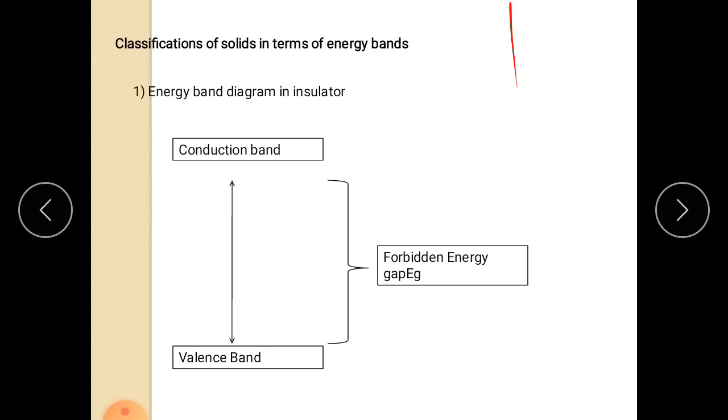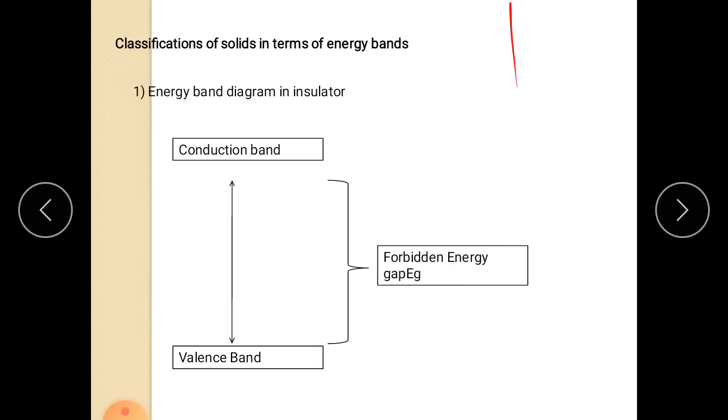In this diagram, the bottom level band is called the valence band, and the top level band is called the conduction band. The gap or difference between the valence band and the conduction band is called the forbidden energy band gap. It is denoted by Eg.